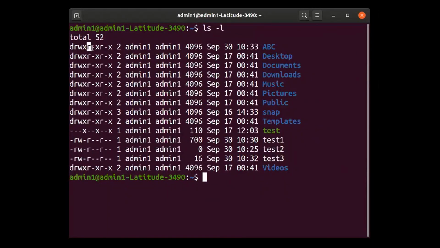Then I have r and x for group, that is 4 and 1, 5, and again for others I have r and x, that is 4 and 1, 5. So 755, and that is what you had told. 777 minus 022 is 755, which means all the permissions for owner and read and execute permission for group and others. Any doubts, please ask me in the chat box.